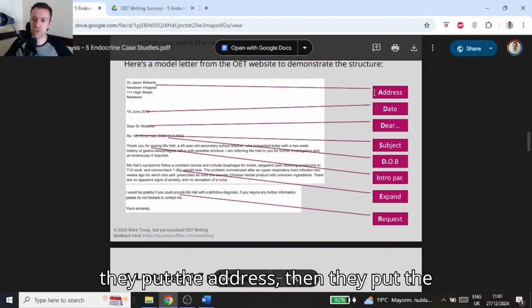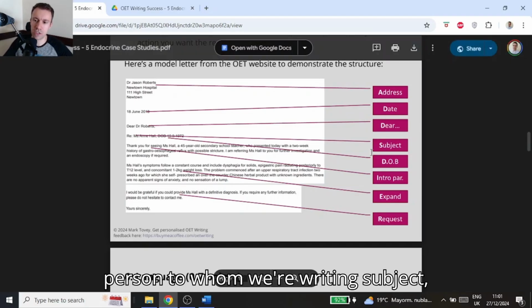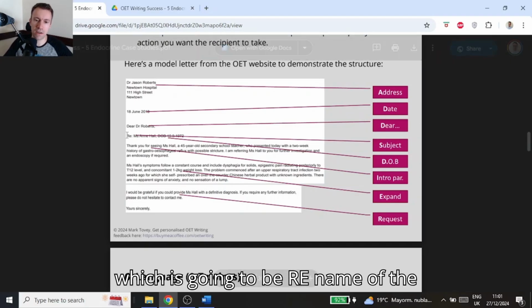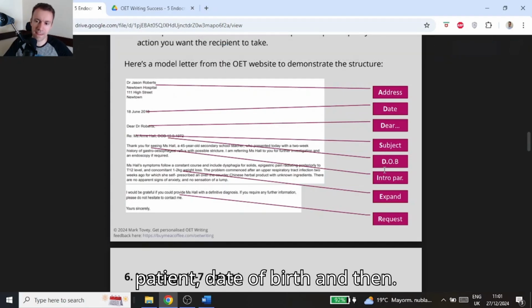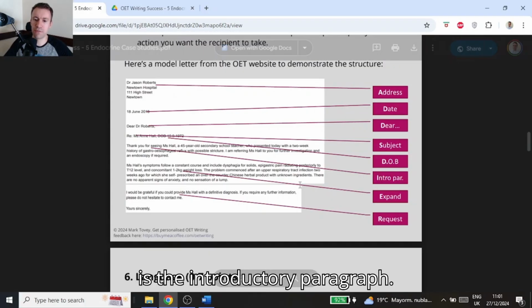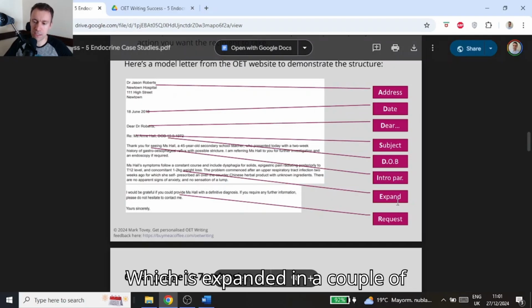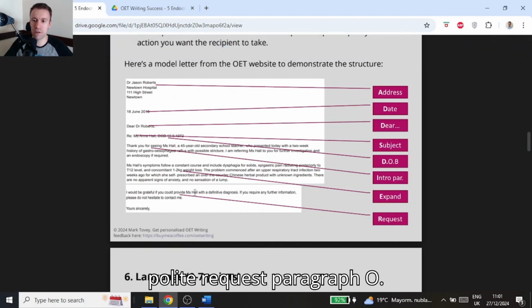First of all, they put the address, then they put the date, then they put Dear, the person to whom we're writing, subject, which is going to be RE, name of the patient, date of birth. And then they begin with the body of the letter, which is the introductory paragraph, which is expanded in a couple of paragraphs, and then it finishes with a polite request paragraph.